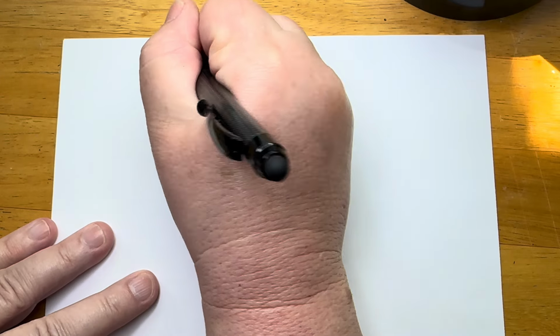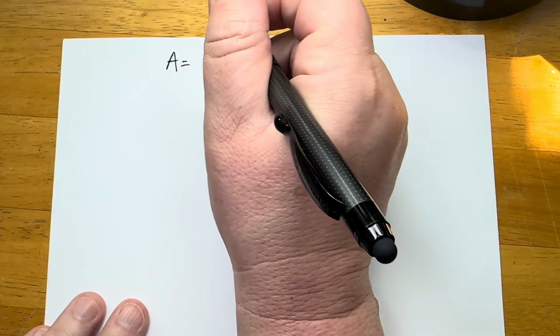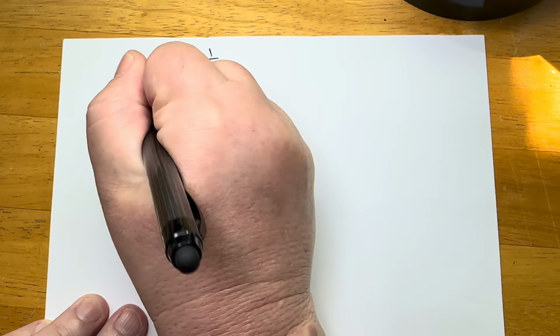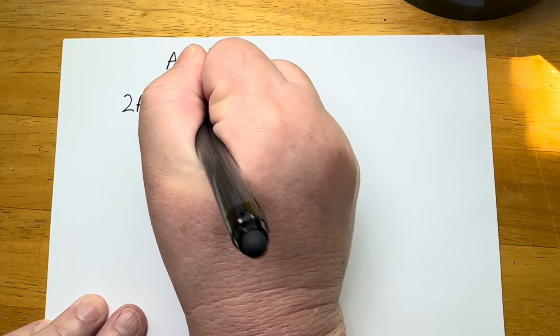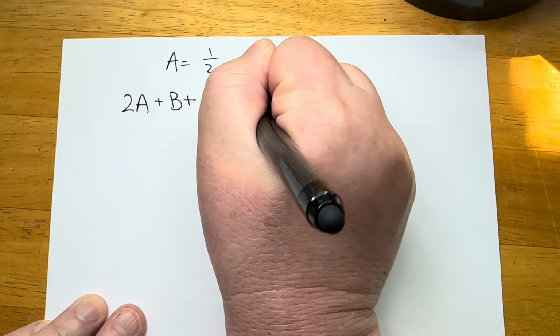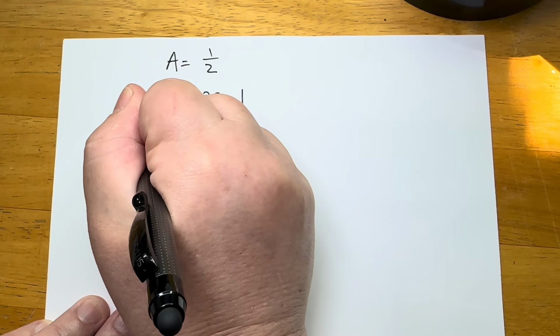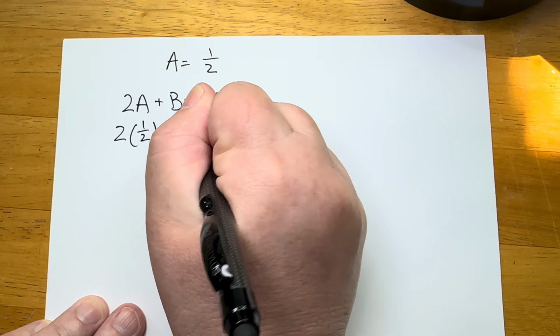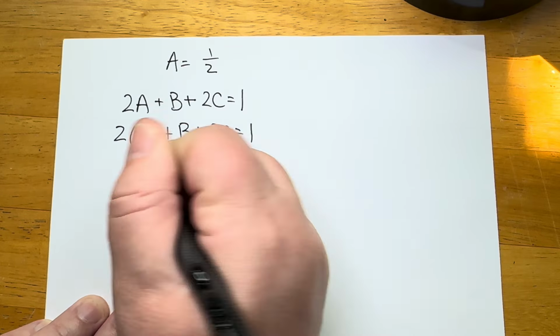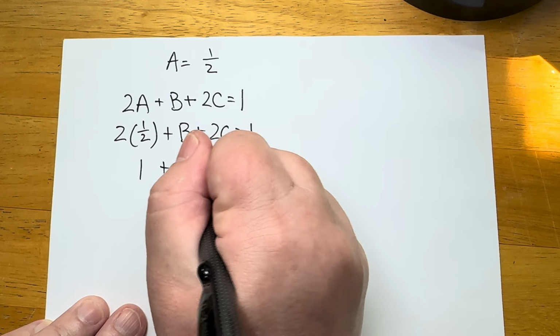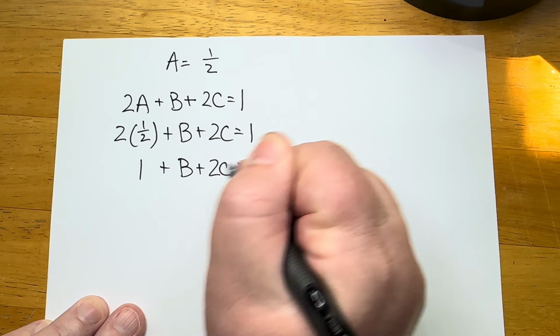I've got that A equals 1/2. And then I've got that 2A plus B plus 2C equals 1. So that means that 2 times 1/2 plus B plus 2C equals 1. 1 plus B plus 2C equals 1.